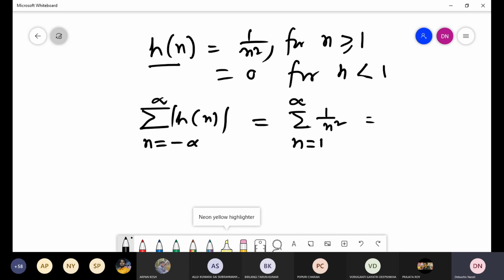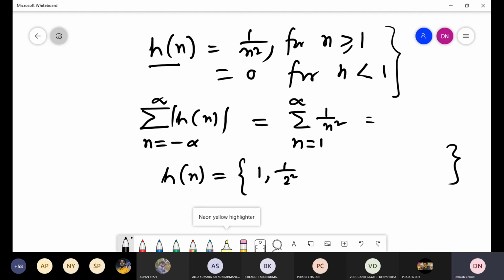Okay, and this is actually our infinite impulse response, because if you try to write this in the form of a sequence, the first term will be 1, then the second term will be 1 by 2 square, the third term will be 1 by 3 square, the fourth term will be 1 by 4 square, and it will continue up to infinity. So how many elements are there in this hn sequence? Infinite number of elements.